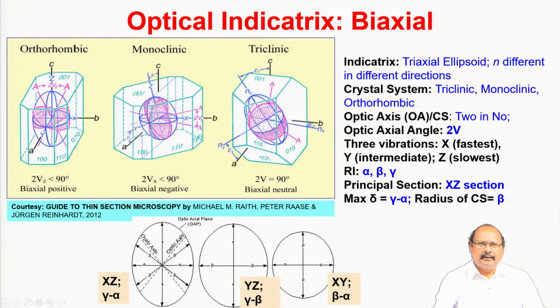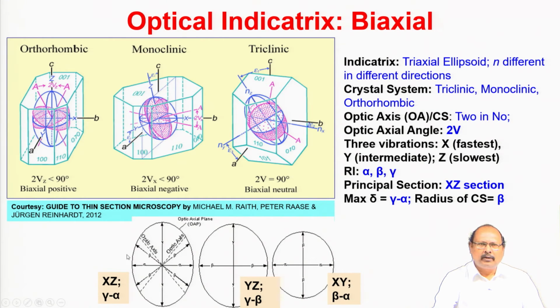Now, these are the three crystals that have been shown here with respect to orthorhombic, monoclinic and triclinic crystal systems, and you see that three optical indicatrices have been shown here. These are triaxial ellipsoids. Now, in this diagram below, what I have tried to do is cut this indicatrix into three planar orientations.